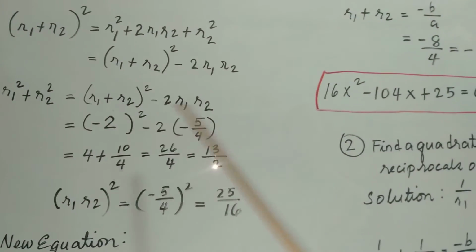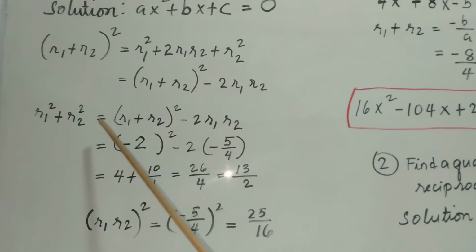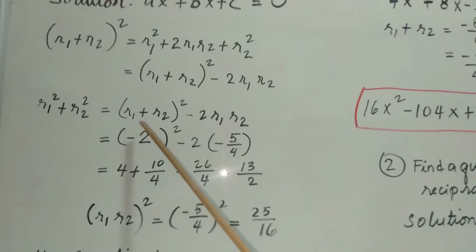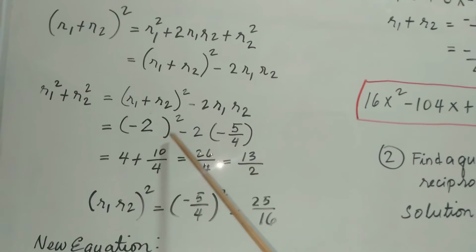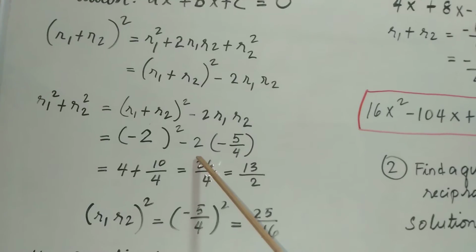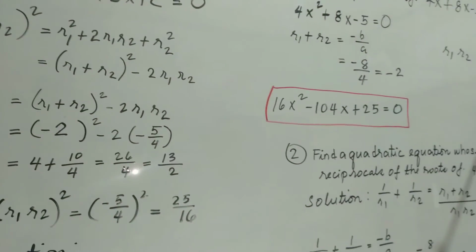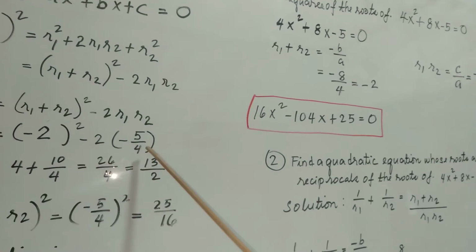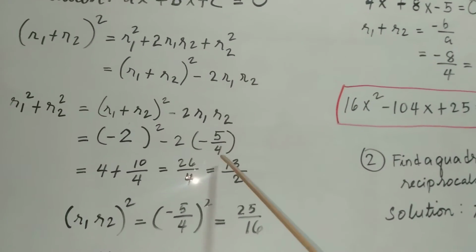So to get R1 squared plus R2 squared, since we know already that R1 plus R2 is equal to negative 2, and then we're going to square that, minus 2 R1 R2, since we have found out that the answer is negative 5 over 4, we just need to substitute. So that will be equal to negative 5 over 4.